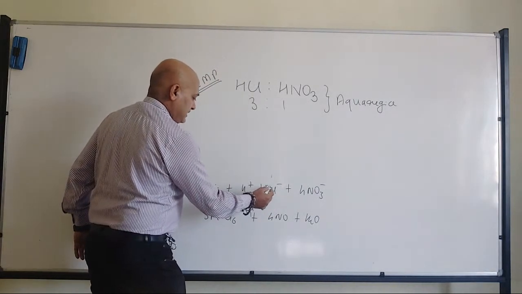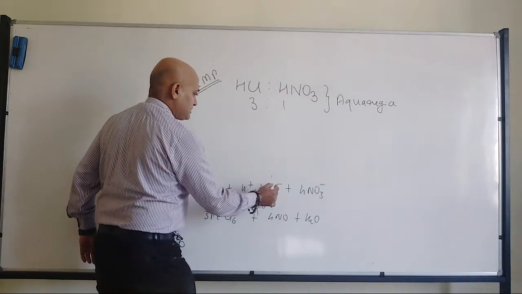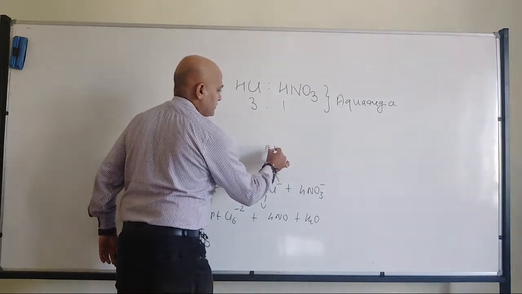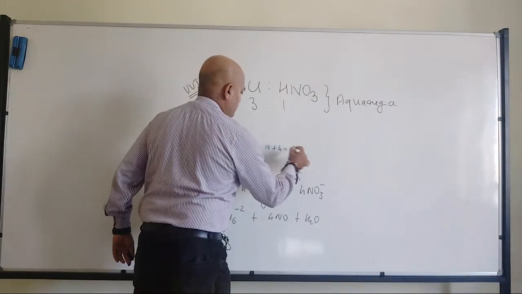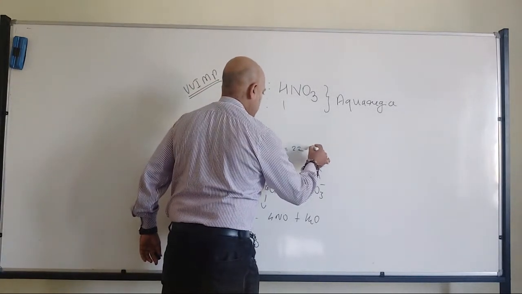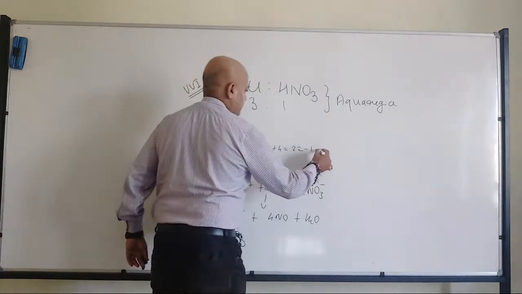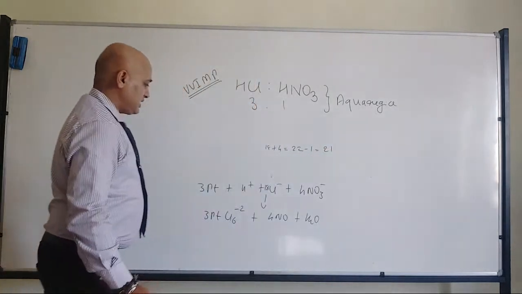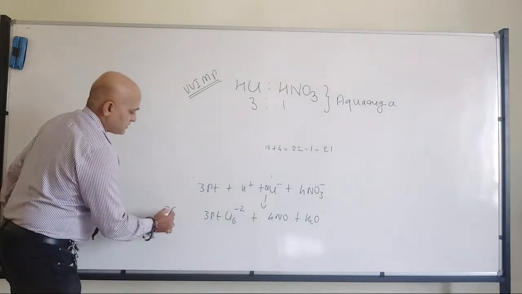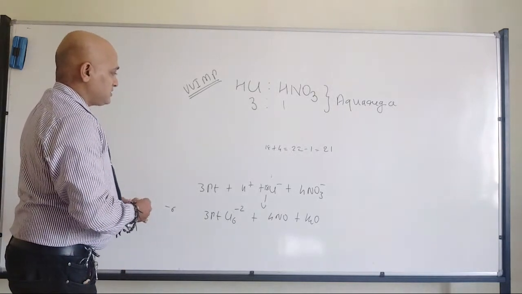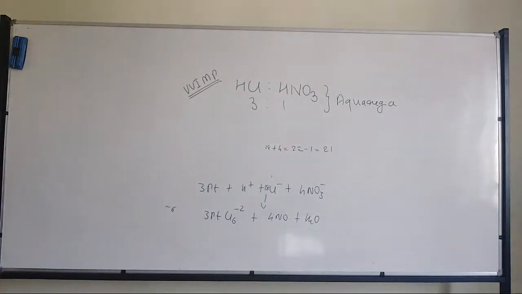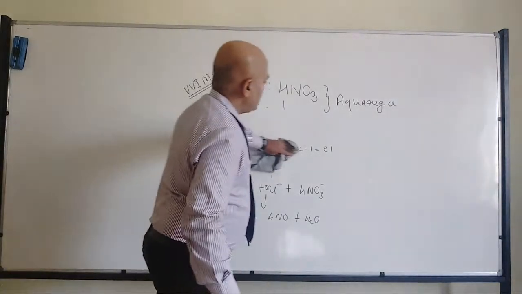Now when I have written 18Cl minus, how many negative charges are there? 18 plus 4, it will be 22, right? 22 minus plus 1 is there, so therefore it will become 21 negative charge. So here it is only minus 6 negative charge. So I should make minus 6 on the left hand side also.